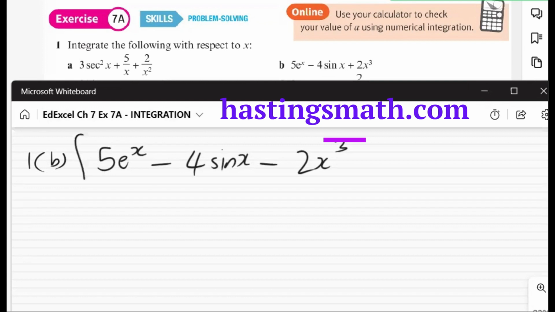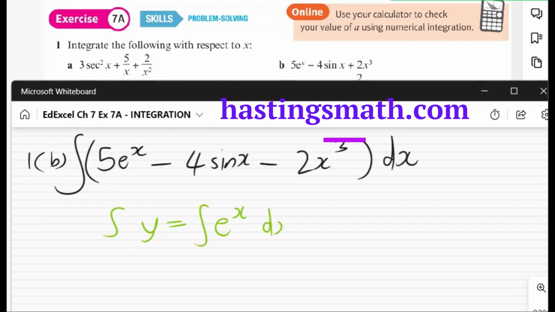So we're integrating this whole thing with respect to x. So for E functions, when you integrate them, usually if you had some sort of function e to the power of x, then to integrate y, the integral of e to the power of x is just going to be e to the power of x.